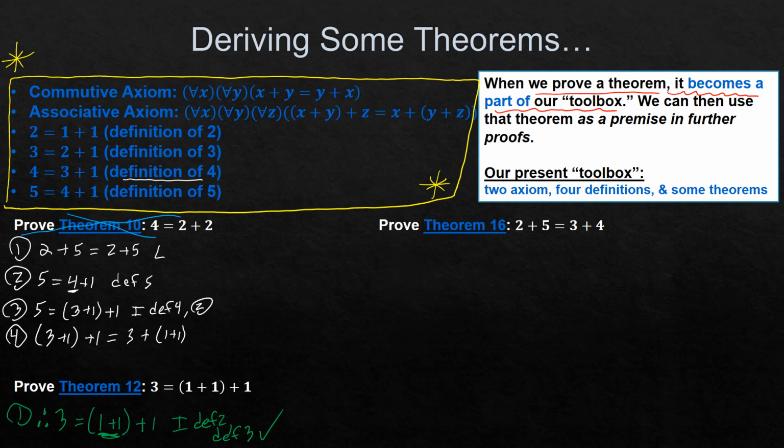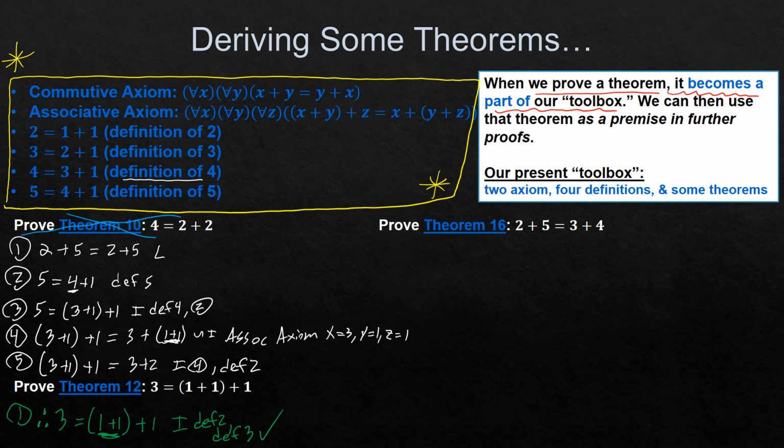So this is the universal instantiation of our associative axiom, where x equals 3, y equals 1, z equals 1, because by doing that, we can say this 1 plus 1 here is identical to 2 by the identity rule. So for line 5, we can get (3 plus 1) plus 1 is equal to 3 plus 2 by the identity rule with line 4 and with the definition of 2.